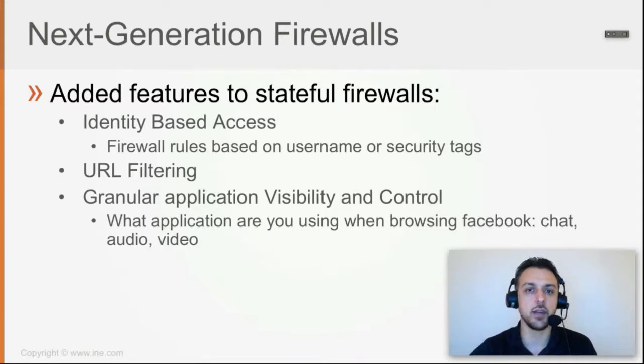So you may configure the firewall to allow chatting, but don't allow uploading of documents and audio calls, for example. Now this is something that is needed nowadays. It's no longer enough to just say I want to allow TCP port 80 and 443 out of the network.